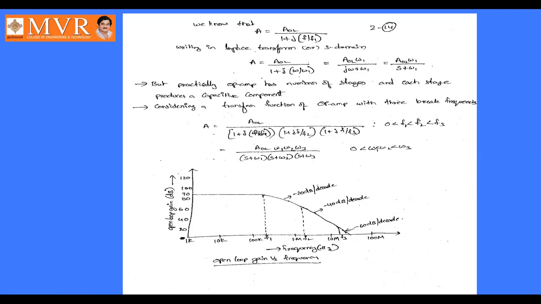Whereas the output signal we can observe. At low frequencies the gain will be small, from 1 kilohertz to 100 kilohertz the gain will be moderate, and after 100 kilohertz, that is after f1, the gain is going to fall again. We can observe this in the CRO by increasing the frequency of the input signal.